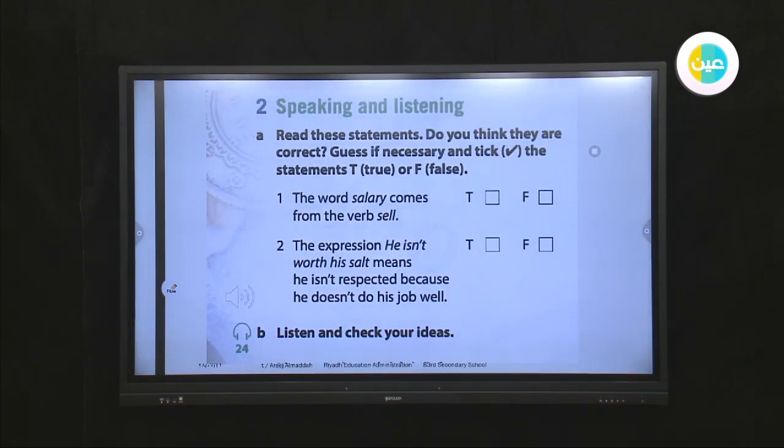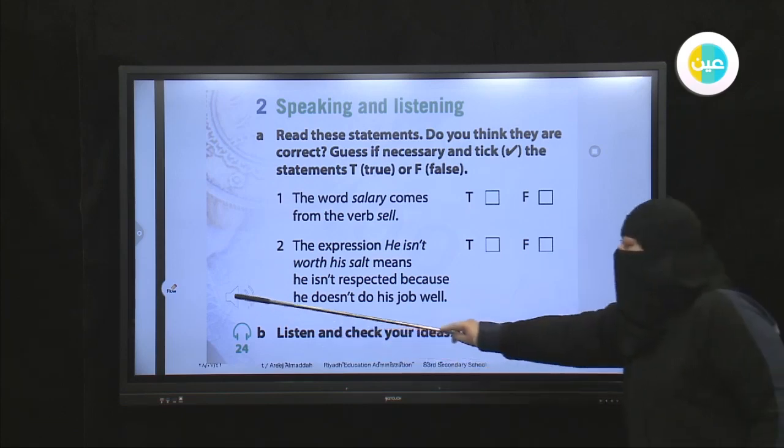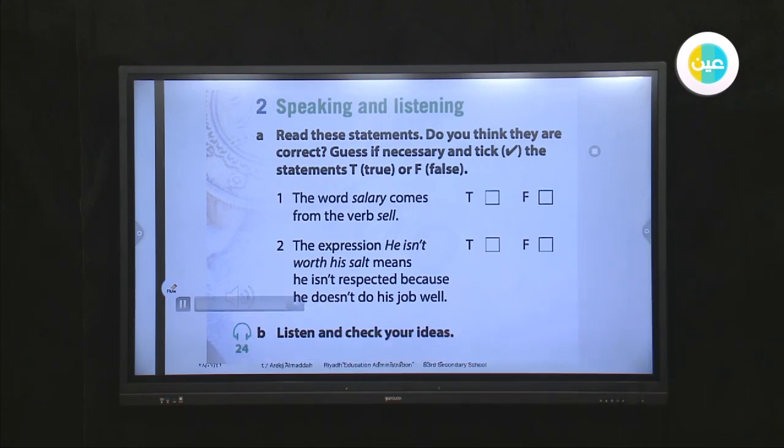I want you to listen, then tell me if it is true or false. Unit 5, Lesson 3. Today we're talking about the history of money. First, does anybody know where the word money comes from? No? Well, it's from Roman times.